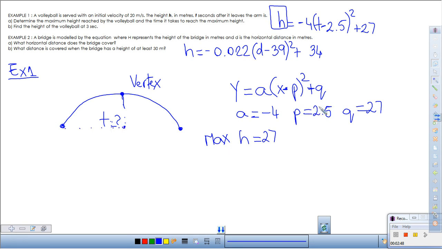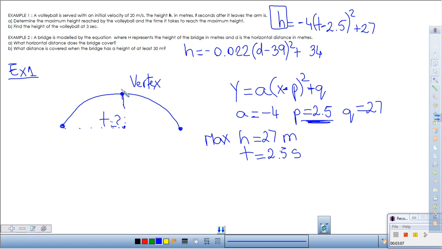Well, that is a corresponding value to when q is 27, and the corresponding value is the p-value. So the time it takes to reach 27 meters is 2.5 seconds.